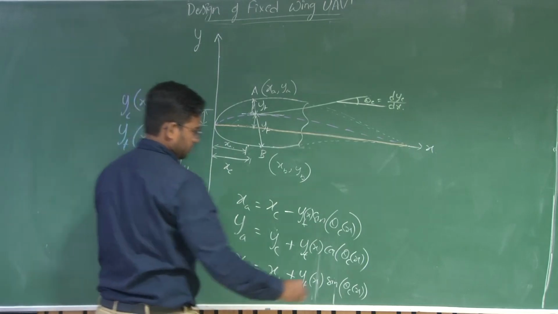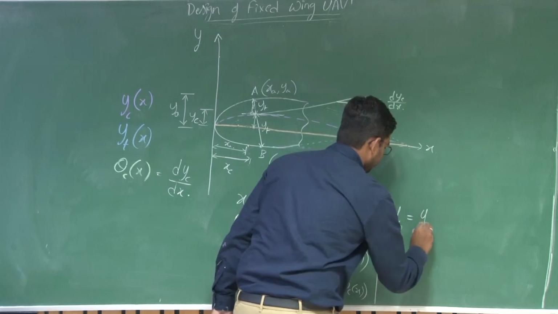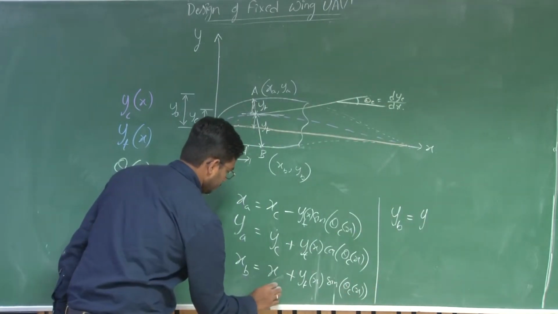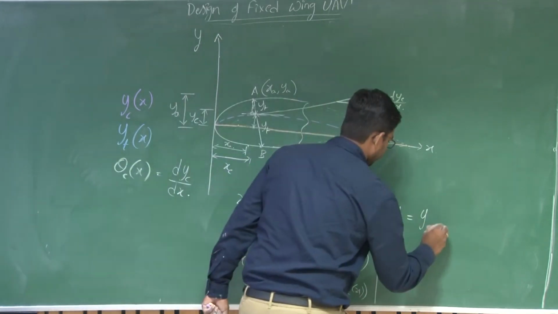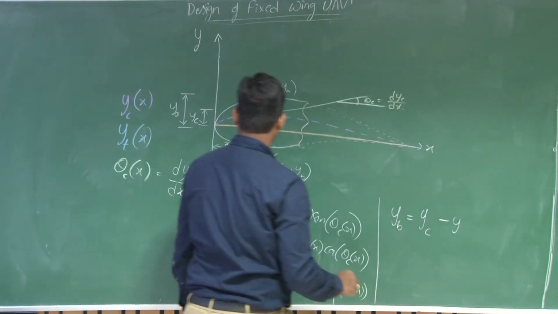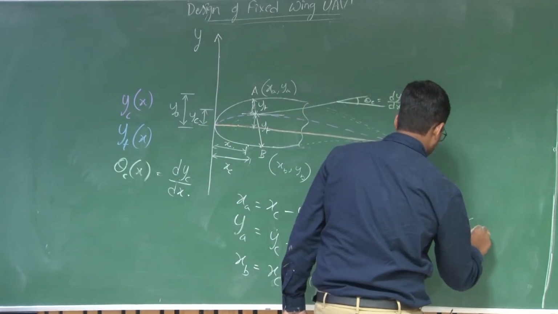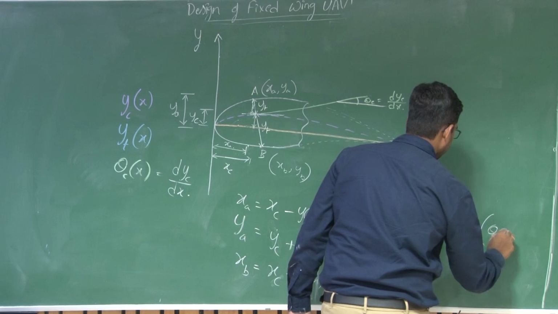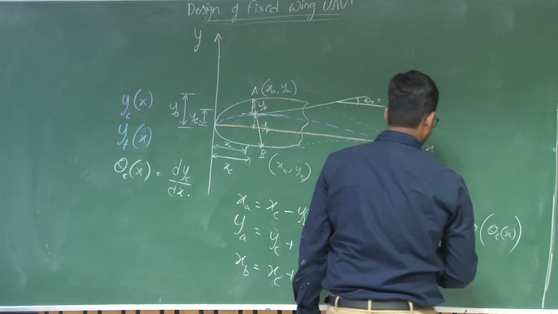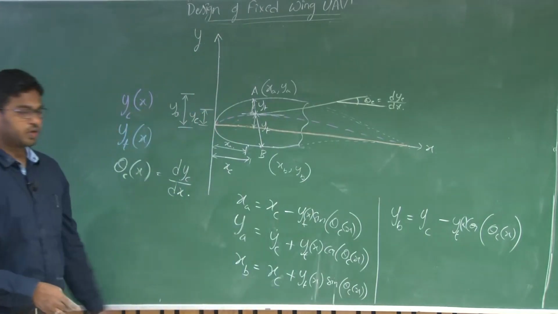And similarly yb is yc minus yt into cos of theta of c at that particular x. Okay, got it, right?